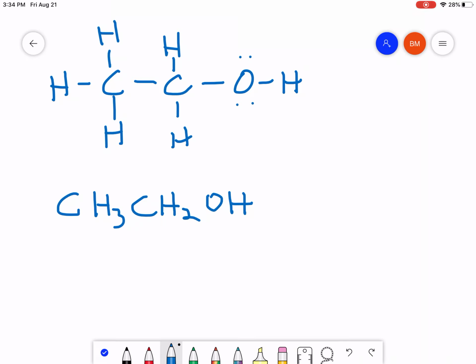If we wanted to show this in skeletal form, very simple. We have 2 carbons, but instead of leaving this third corner there, we're going to put OH on it. So as a result, we have empty corners here and here, which represent our 2 carbons.